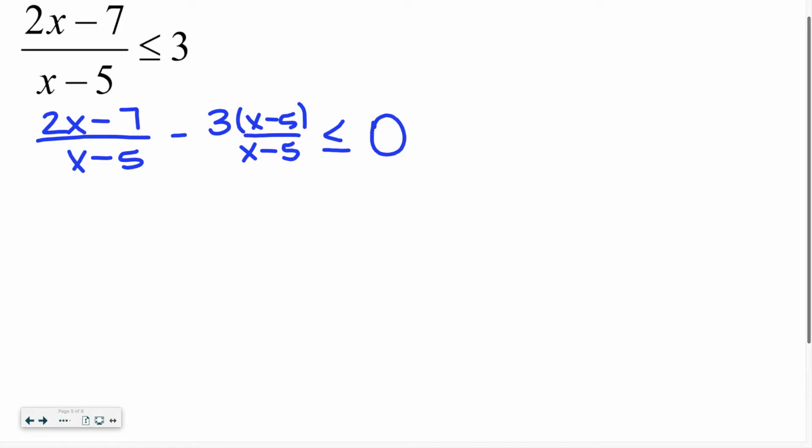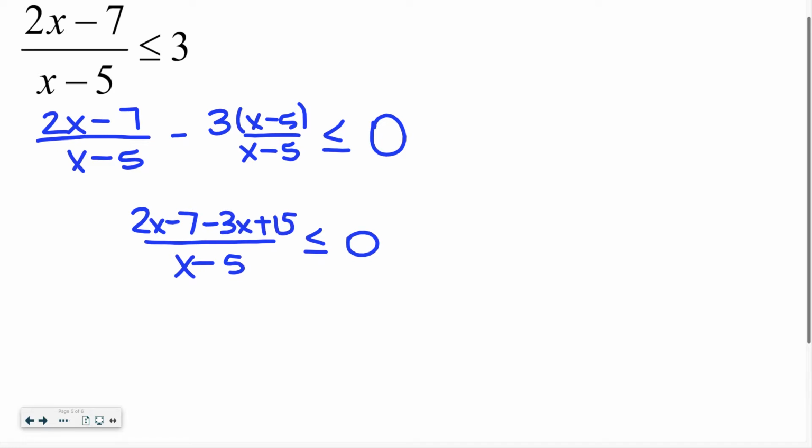Okay, so what happens is now we have a common denominator of x minus 5. And we have 2x minus 7 minus 3x plus 15 in our numerator because we can combine everything together. That negative 3 does get distributed to the x minus 5, which is why I have the plus 15.